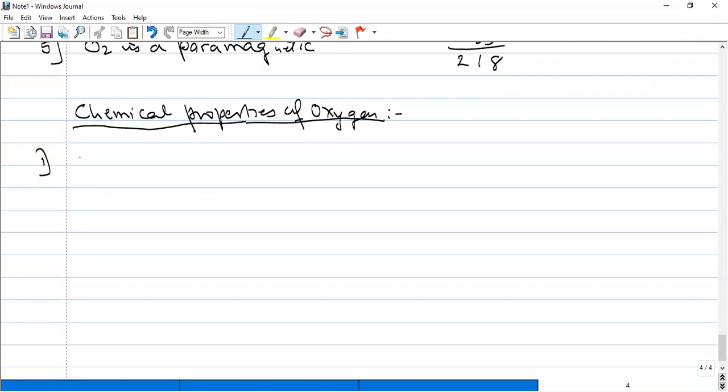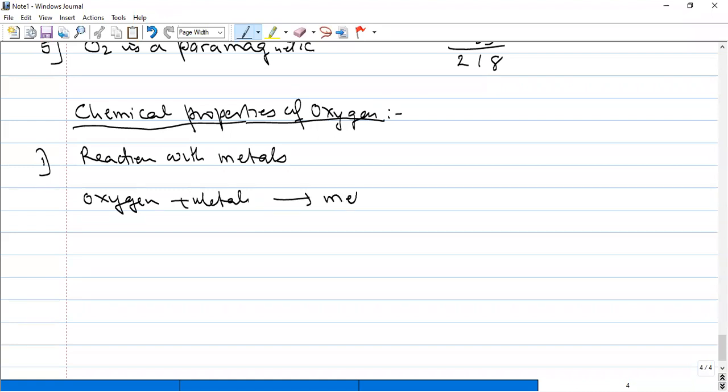First, reaction with metal. Oxygen reacts with metal and forms oxides, metal oxide.